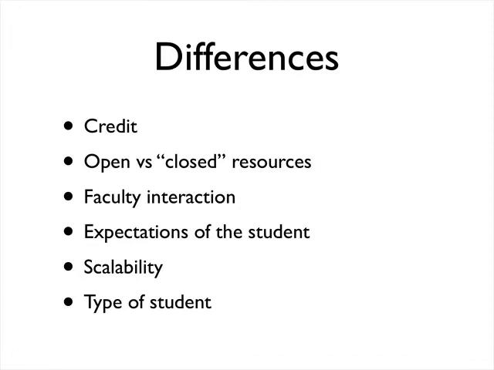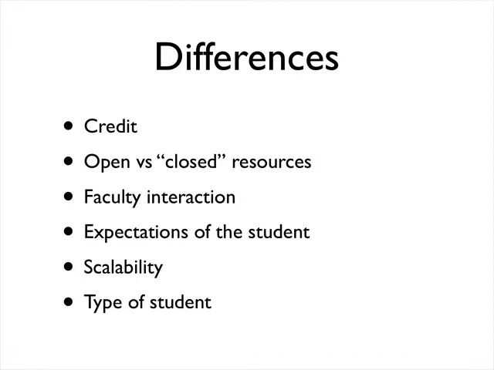So here at DePaul, we offer credit for our online courses. We haven't seen the majority of MOOCs offer that, although that is changing fairly rapidly now. This is an area where some nimble universities are trying to get in on the MOOC phenomenon.